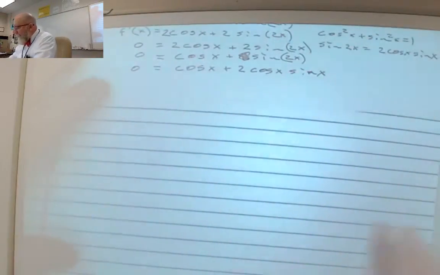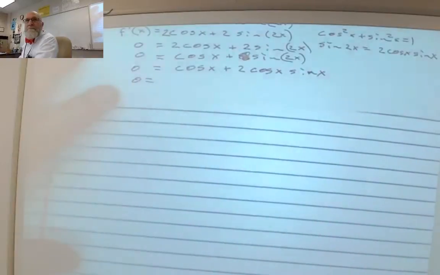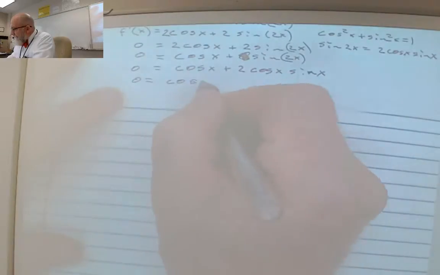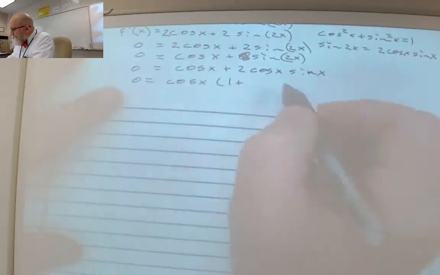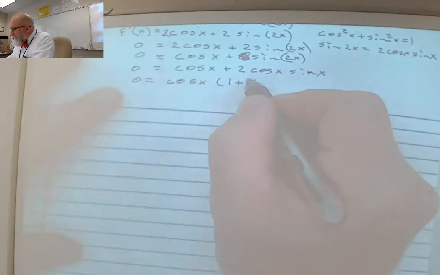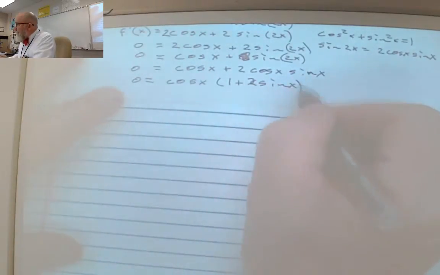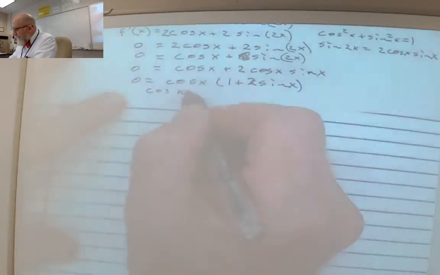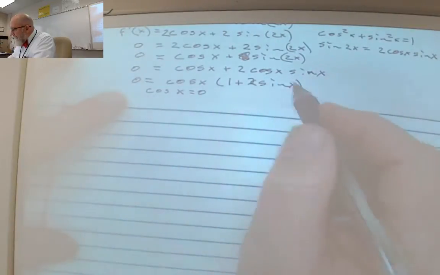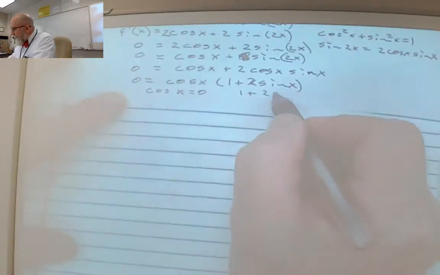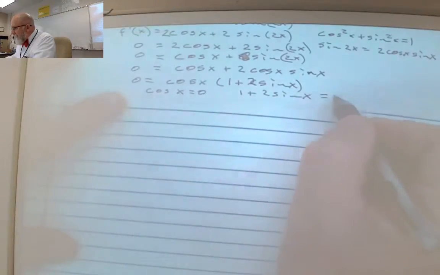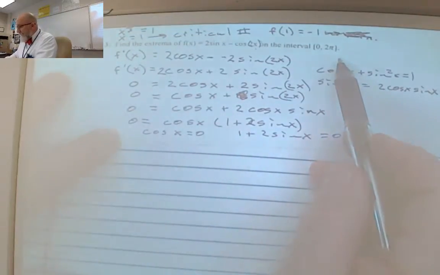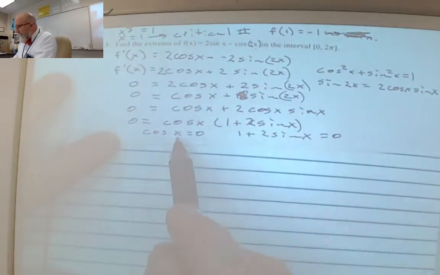Does anybody know how to solve that? I could factor it, right? I get 2 sine x. Would you agree with that? Okay. So that means the cosine of x equals 0, and it means 1 plus 2 sine x equals 0. And it's a closed interval, right? From 0 to 2 pi. So where's cosine 0?